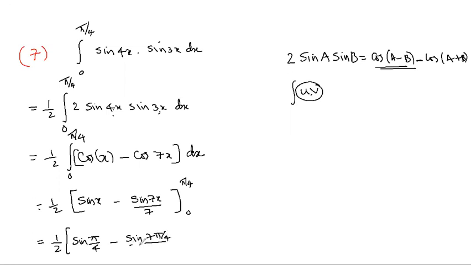Seven pi by 4 upon 7. So we replace x by upper limit. Now replace x by lower limit. Then close the bracket.